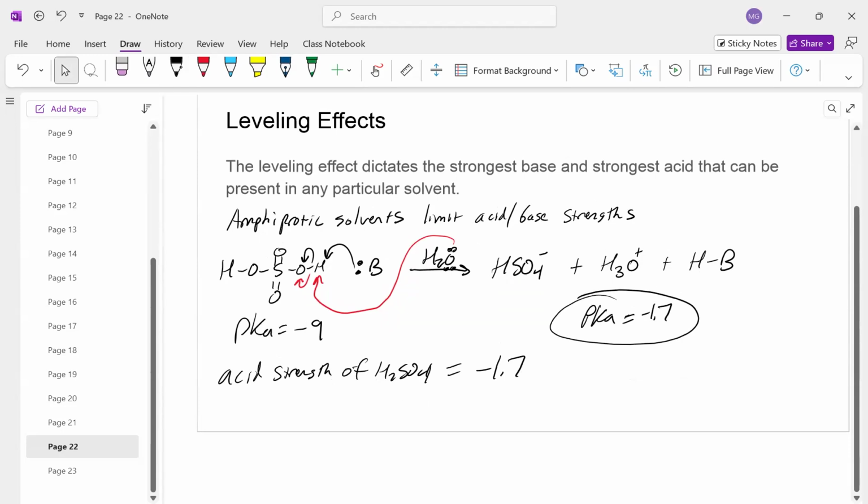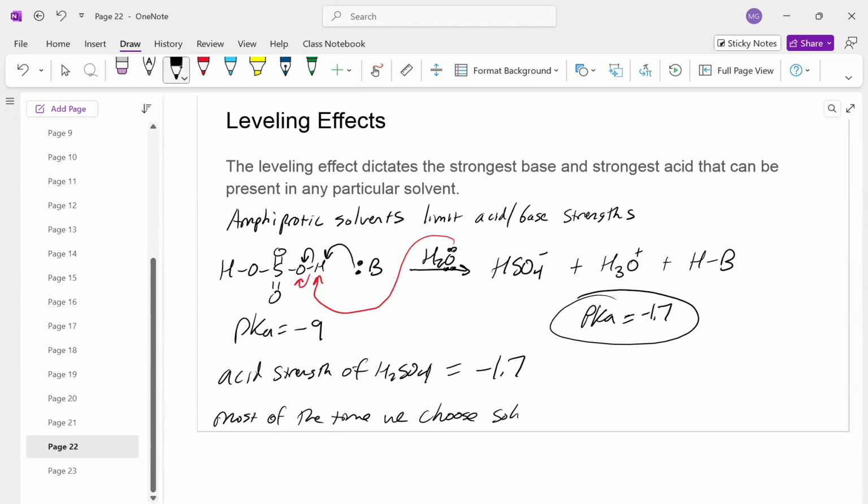Suffice it to say, the reason I bring this up is because we have to be very careful when choosing our solvents for organic reactions, especially if they're acid-base reactions. Most of the time, we want to choose solvents that are not acidic or basic.